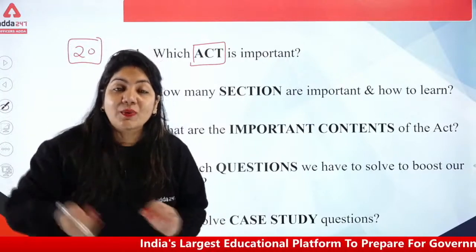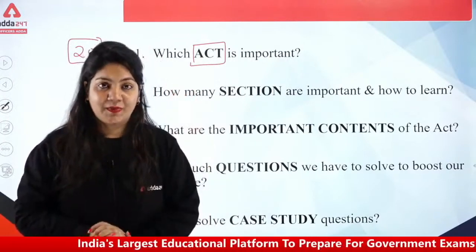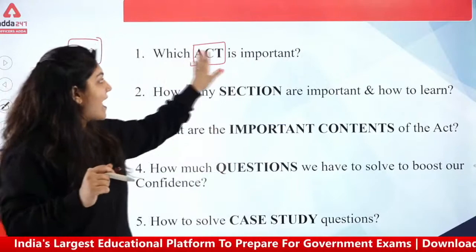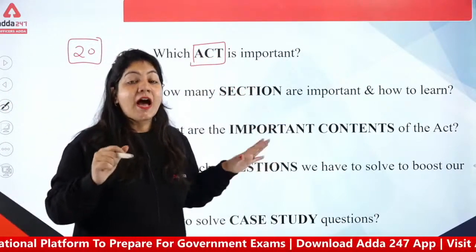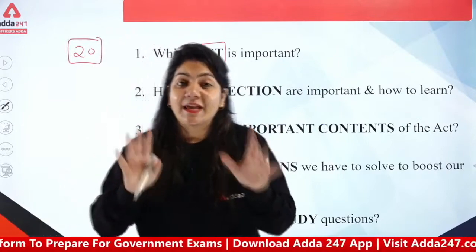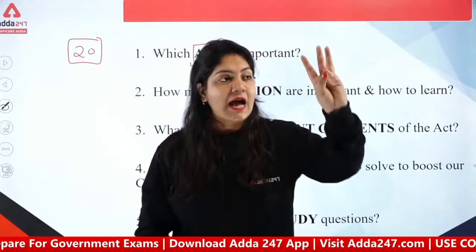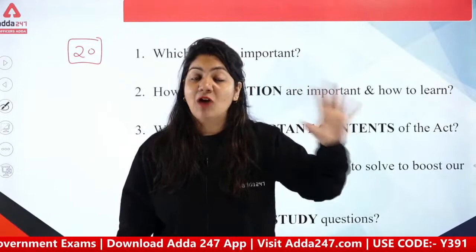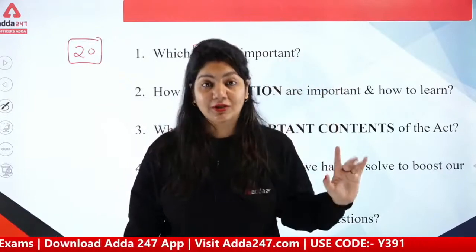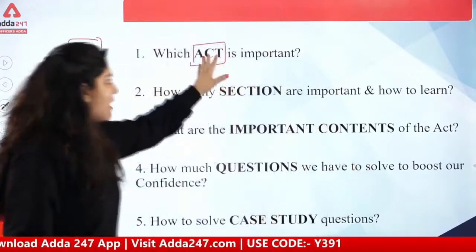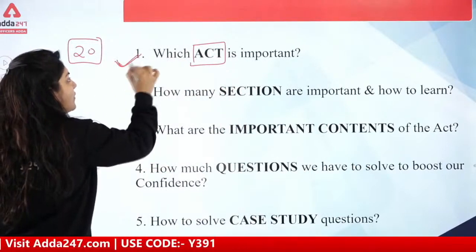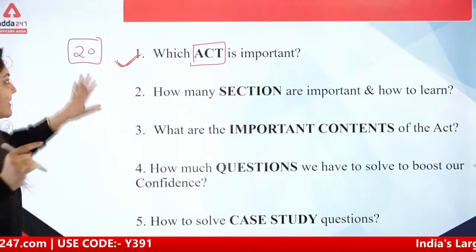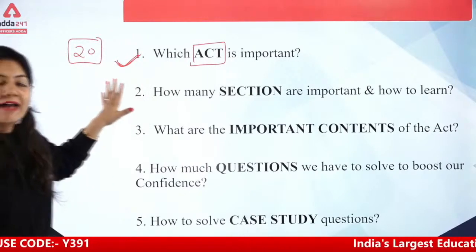Okay, what are the 20 acts? I will explain. In this explanation, I will show you the syllabus of your LRAB, and just count on your hand how many acts you have to learn. First of all, we are solving the first question, which act is important. Within 20, your acts will be finished.